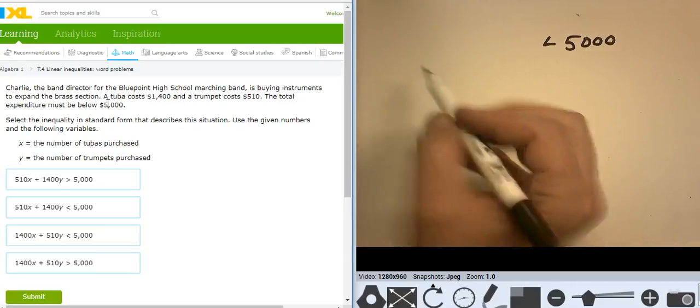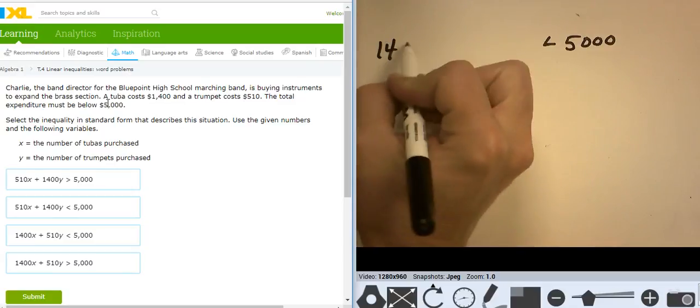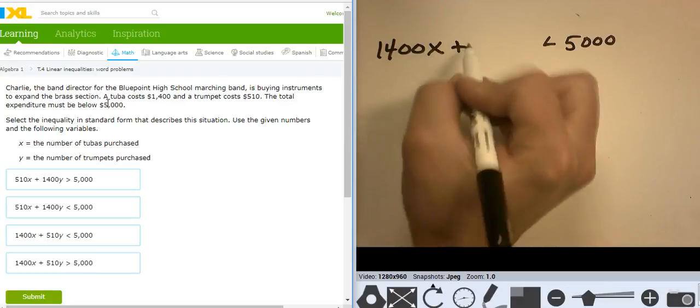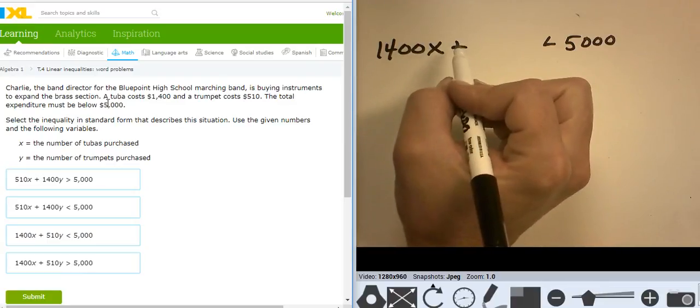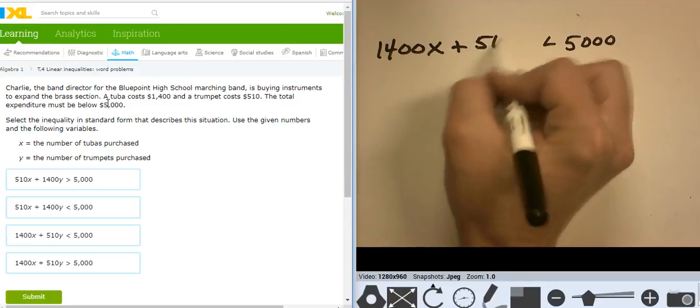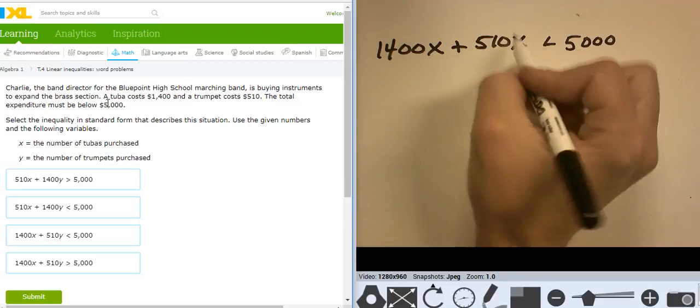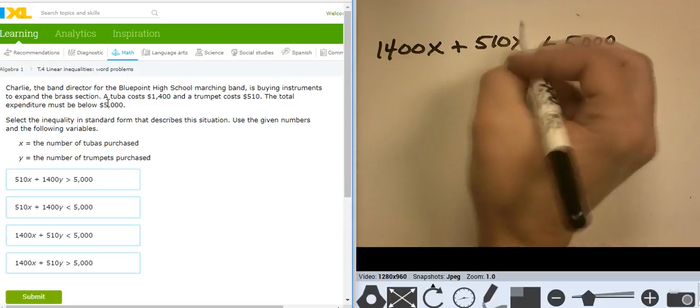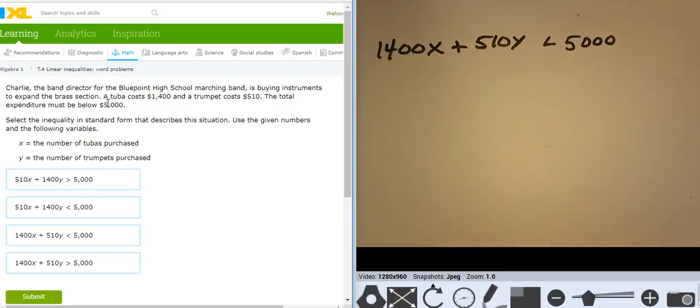And a tuba costs $1,400, X is tubas, and a trumpet costs $510. There you go. Let's match that up. 1,400X plus 510Y, and I'm staying under 5,000, so it's right there. Because this one's going over 5,000.